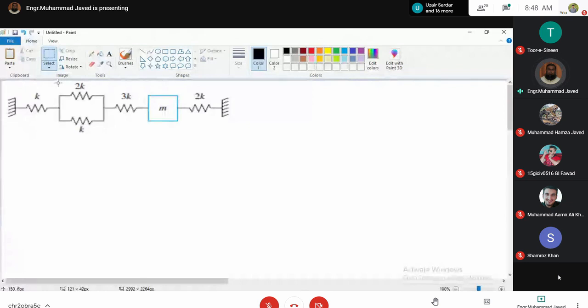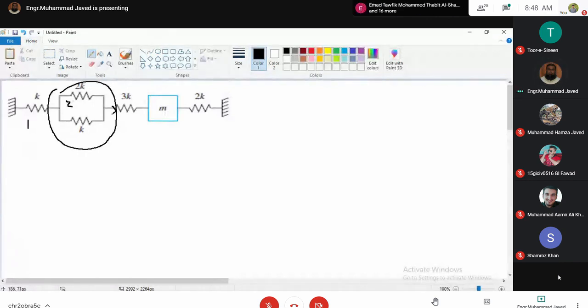Okay, so if we consider these two springs, ये दो स्प्रिंग जो है, अगर आप इस पे हॉरिजॉन्टल फोर्स अप्लाई करते हैं यहाँ पर, so since in this case this will be distributed, say this is spring 1, 2, 3, 4, 5.